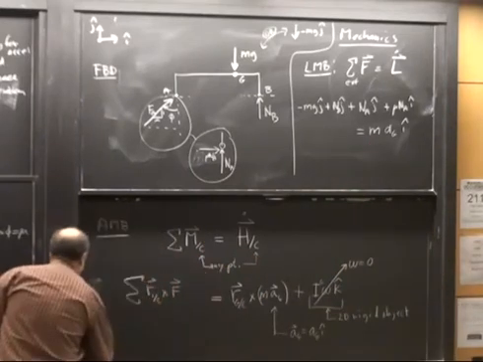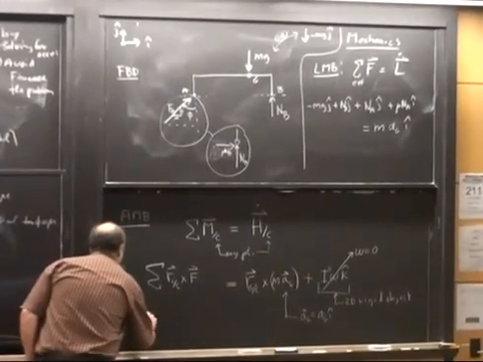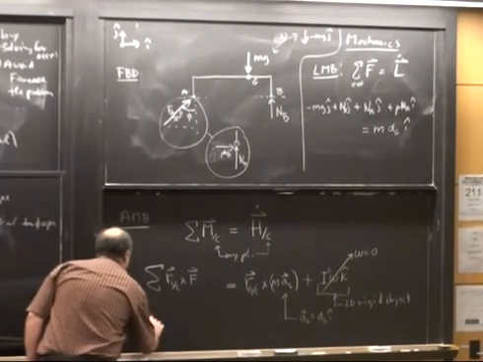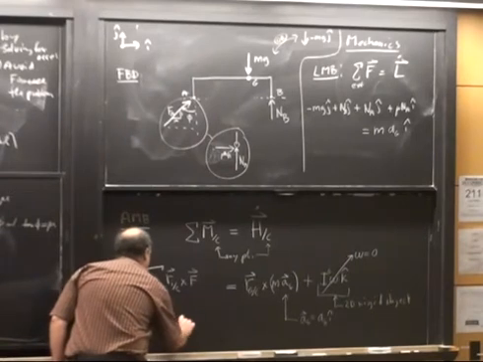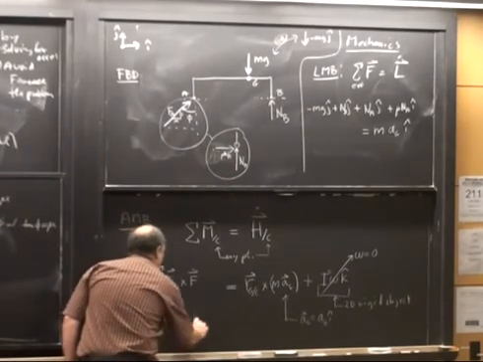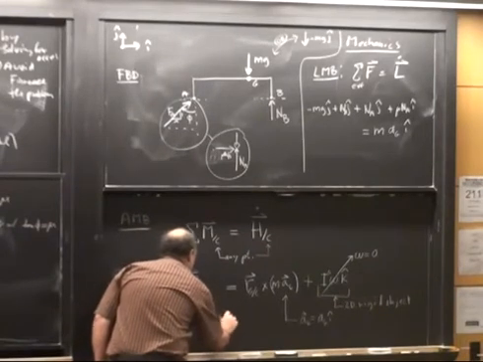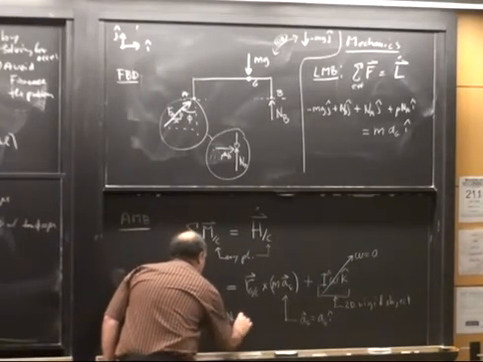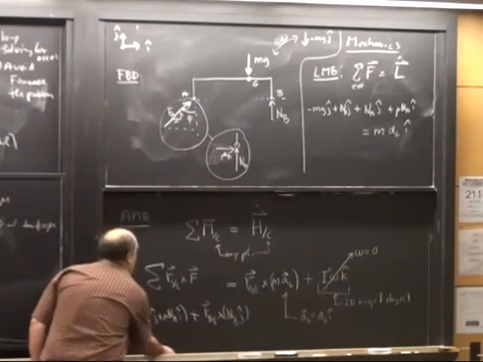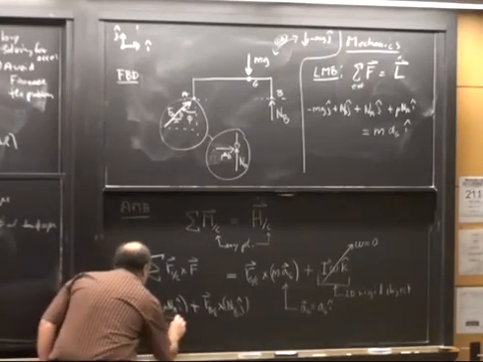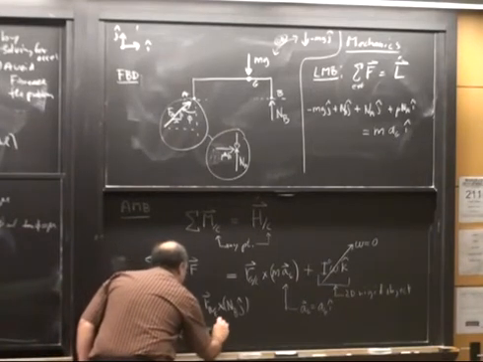We have the position of A with respect to C crossed with, and what do we have at A? We have N_A j plus mu N_A i. And then we have plus the position of B with respect to C crossed with N_B j. And then we have plus the position of G with respect to C crossed with minus mgj.